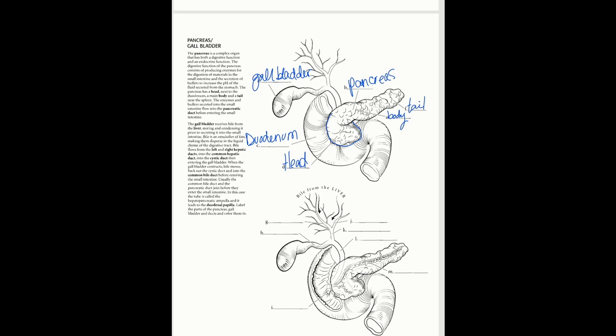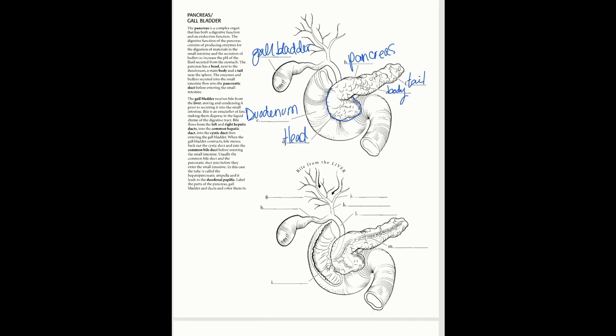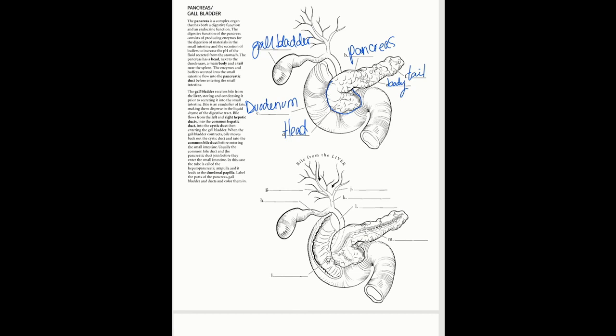If we go ahead and look at this in regards to bile coming through, again, where our gallbladder is here, we have a duct called the cystic duct that's going to make that connection to our hepatic duct.